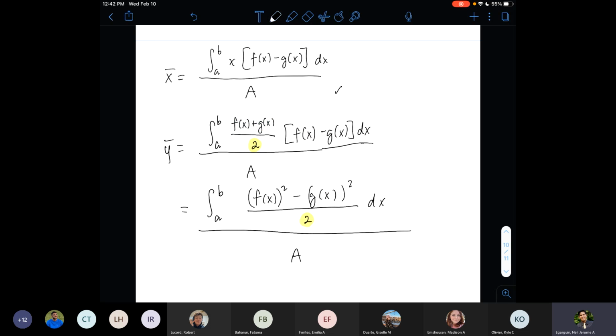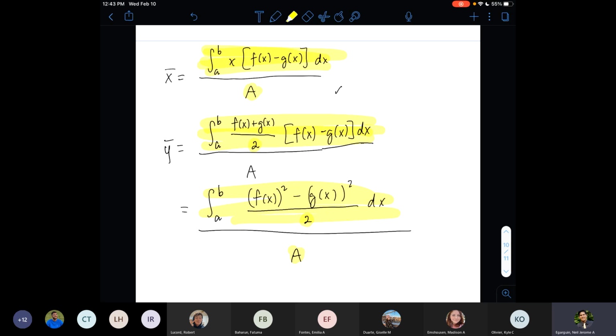So I suggest the first step is to find the area of the region, or at least set up the integral that will give you the area of the region that goes in the denominator of both x bar and y bar. And the next is to set up the numerators. Either use this for x bar, and use either this or this for y bar.